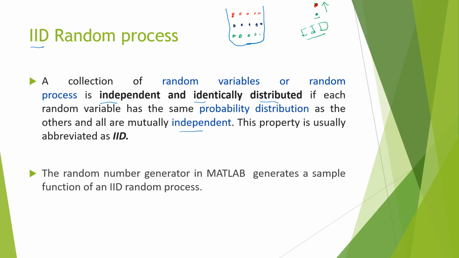A good example for IID random process is the MATLAB generator. While doing MATLAB experiments, whenever you generate a random number, it generates a sample function of an IID random process. So these IID random processes are used in modeling and simulation techniques.